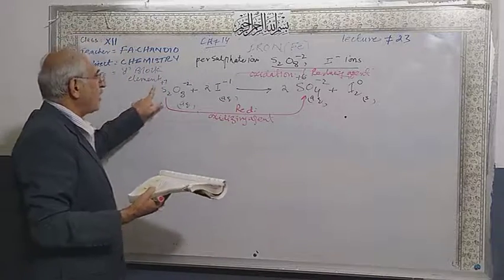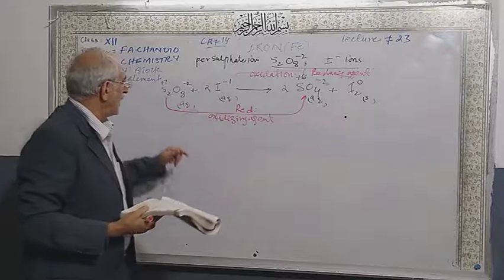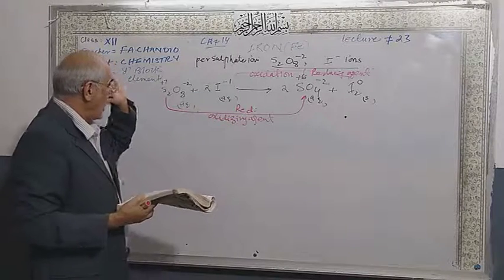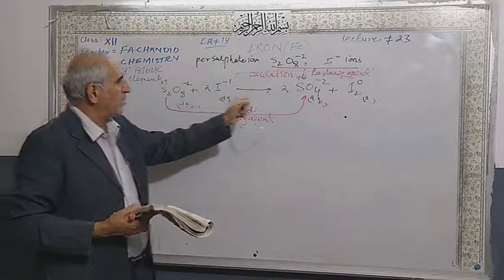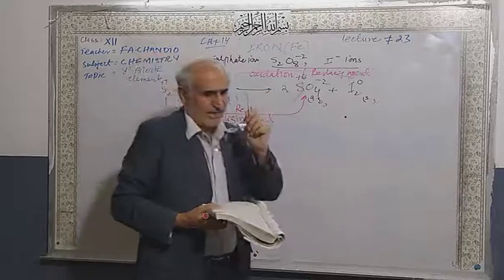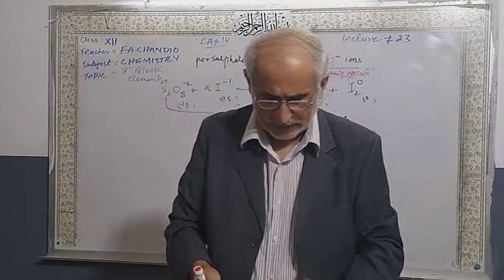Positive 7 to positive 6, a decrease in oxidation number, is called reduction and acts as an oxidizing agent. Iodide negative 1 to 0, an increase in oxidation number, is oxidation and it acts as a reducing agent.